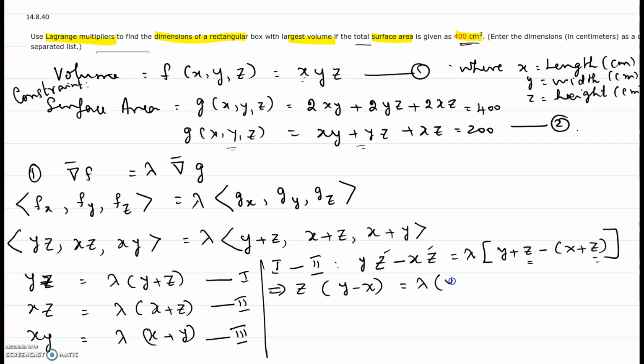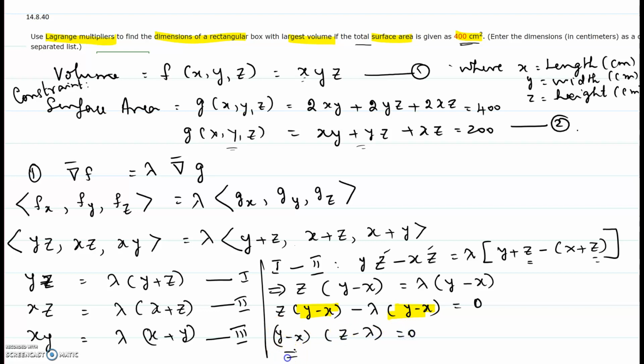So you'll be left with y minus x. If you move everything to one side, z times y minus x minus lambda times y minus x equal to 0. Here the common factor is y minus x. So if you remove y minus x, you'll be left with z minus lambda equal to 0. This means either x equal to y or lambda equal to z.